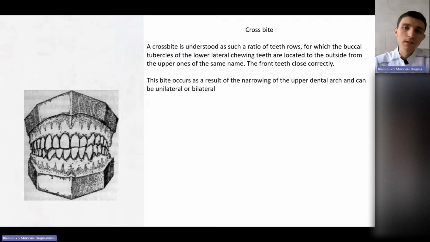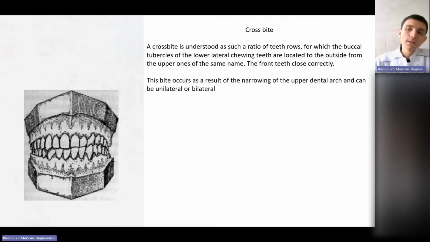It could be a skeletal problem, or it could be that the patient has a bad habit to sit, for example, like this. And if the patient sits a lot of hours during the day, it could constrict the upper jaw on one side, and we will have a crossbite.